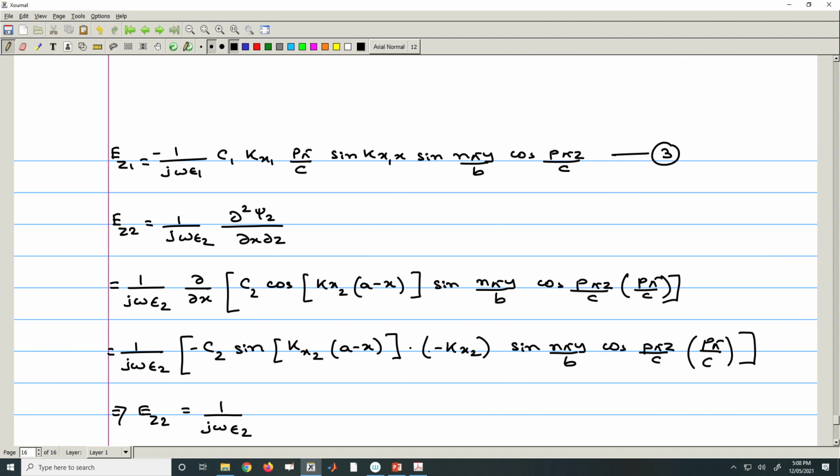This minus and this minus will become plus, so 1 upon j omega epsilon 2, c2, then kx2, then p pi upon c, and then sin of kx2 (a minus x), sin of n pi y upon b, cos of p pi z upon c. So this is E z2, and we will give this as equation number 4.